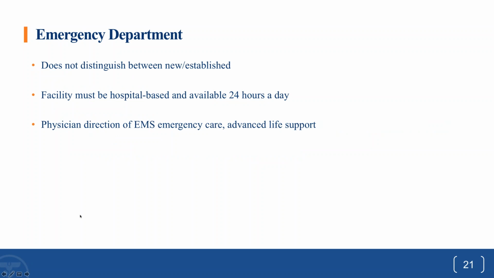Emergency department. So the emergency department, I am on page 22, does not distinguish between new and established, right? Because you just go there. And in order for a facility to be titled or labeled an emergency room, they must be attached to a hospital.